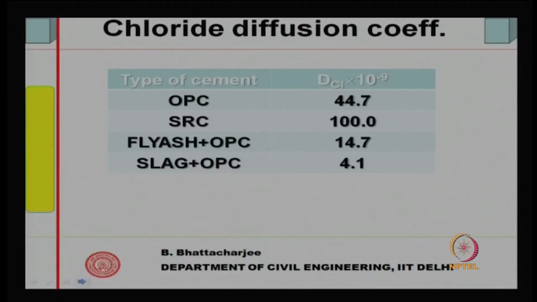If you look at one of the properties, say chloride diffusion coefficient. Durability is firstly related to ingress of material from outside, for example ingress of moisture, because almost all durability problems, as we shall be seeing later on, are associated with chemical reaction of some sort of aggressive agent or contaminant coming from outside.